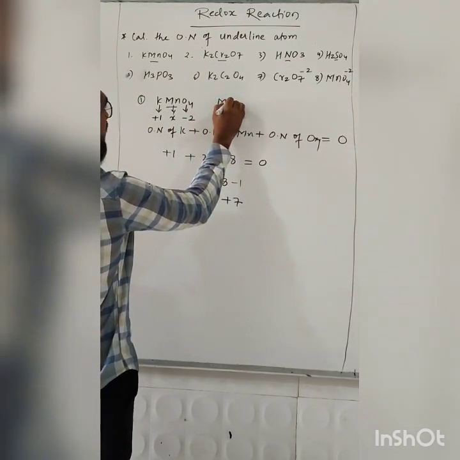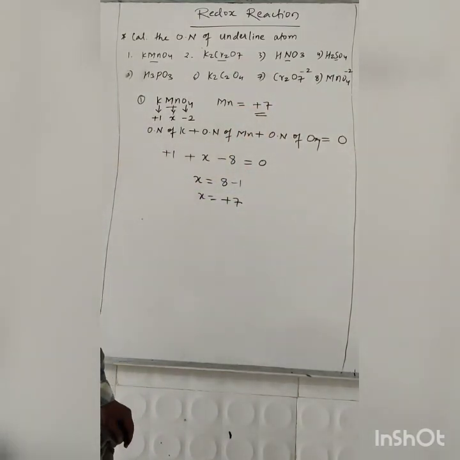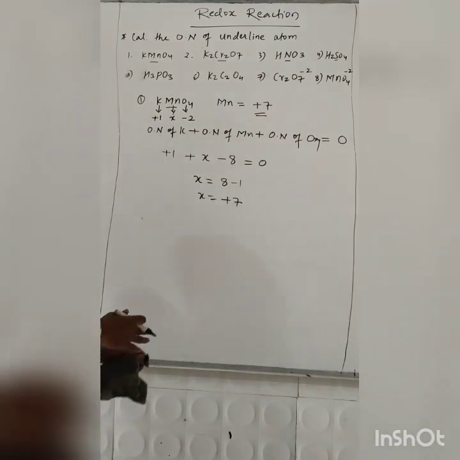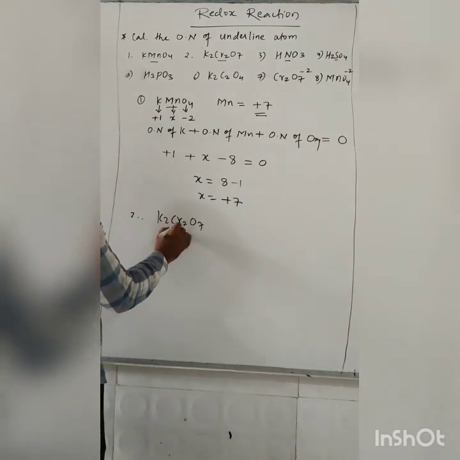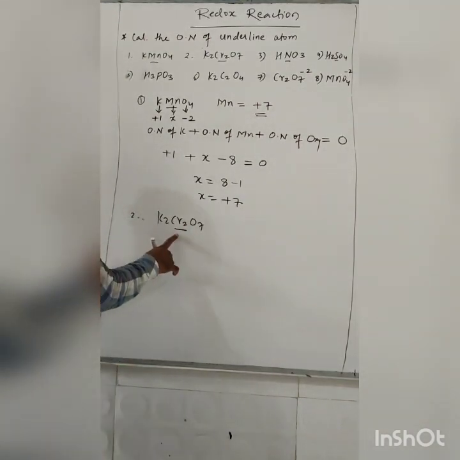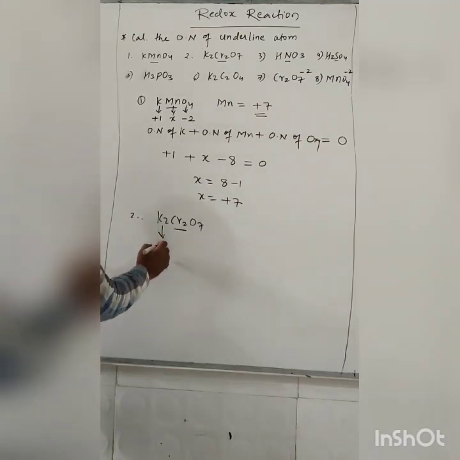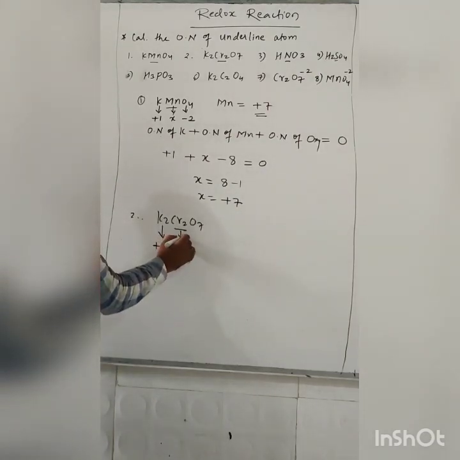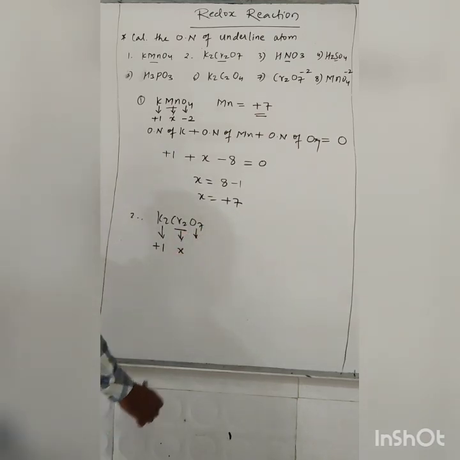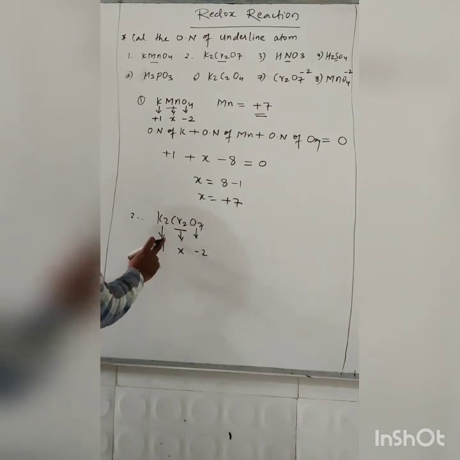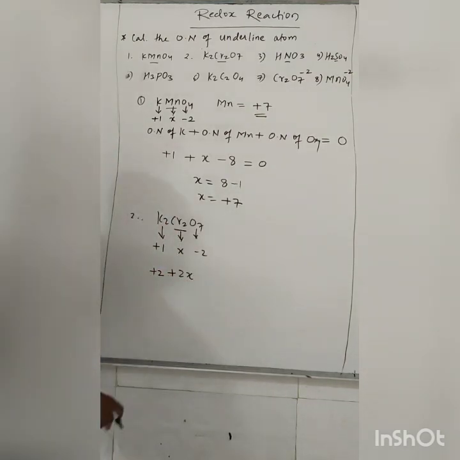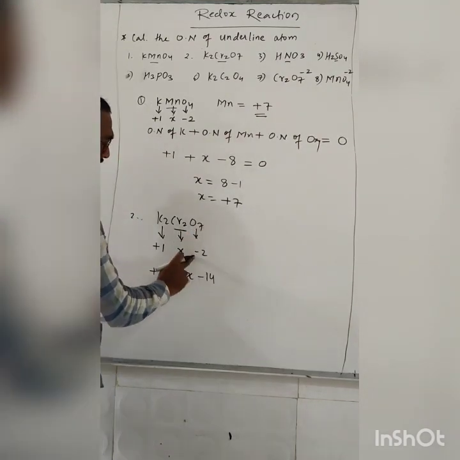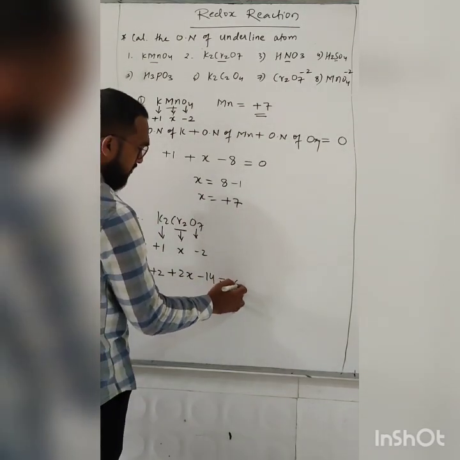Means here Mn has oxidation state +7. The molecule has charge 0.